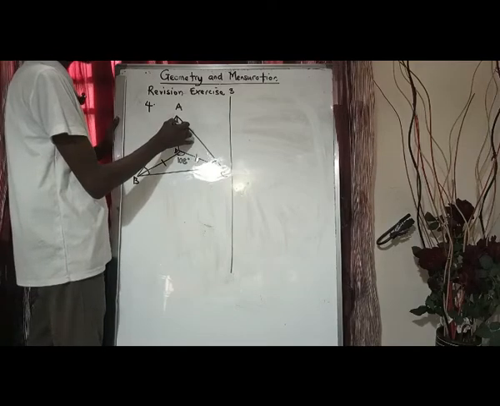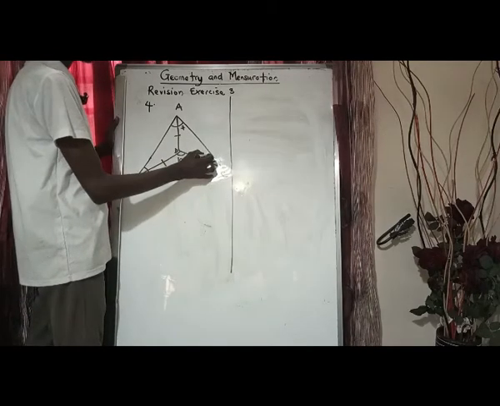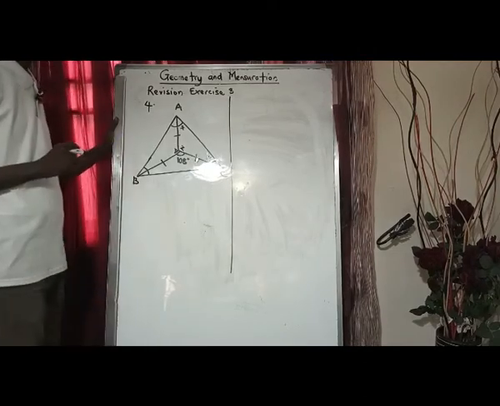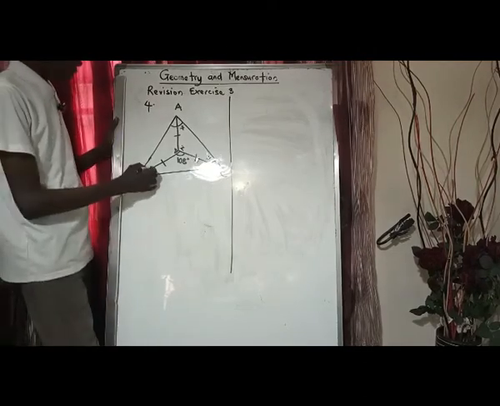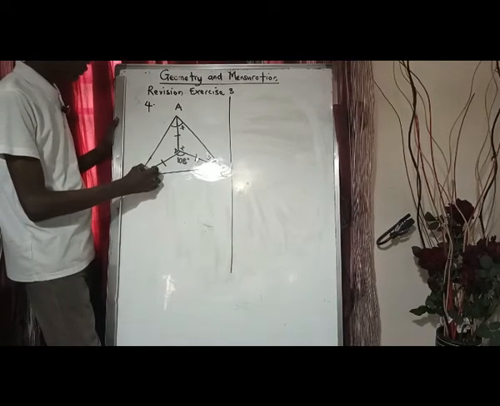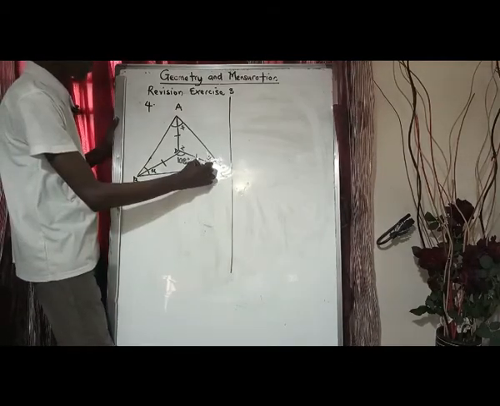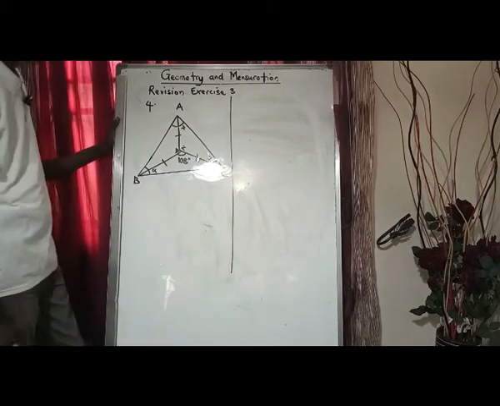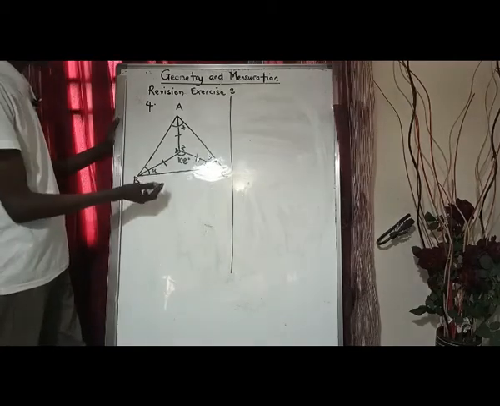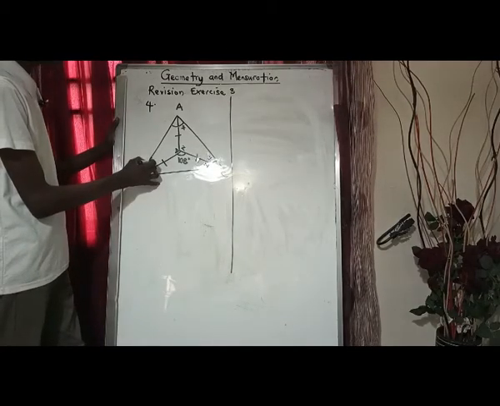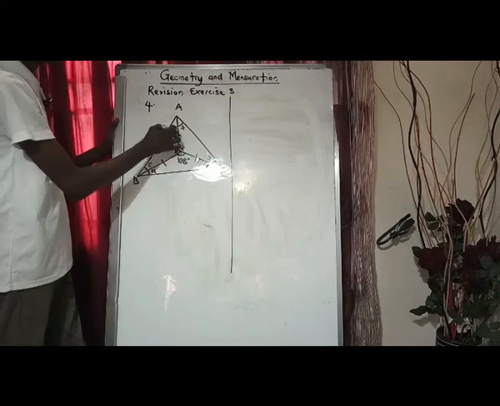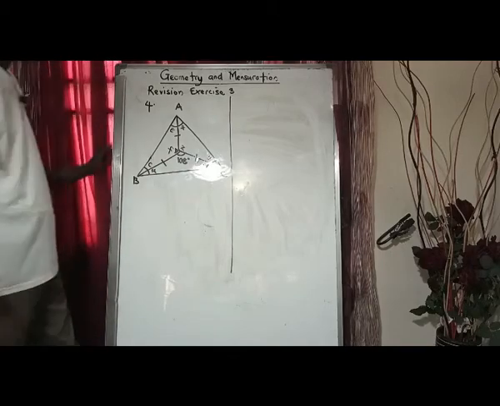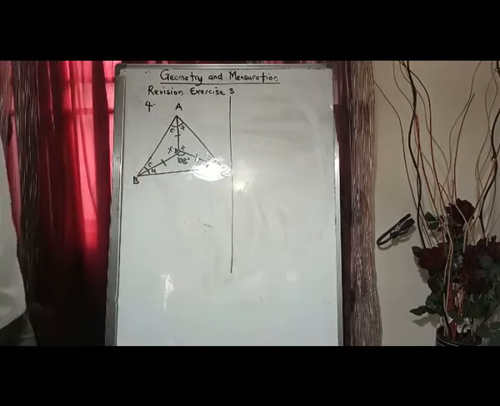I will call here small letter X, call here small letter Y, and call here small letter Z. Then I'll call here small letter U, I'll call here small letter V, and now I'll call here small letter C, I'll call here small letter E, I'll call here small letter F. So I've named the figure now.